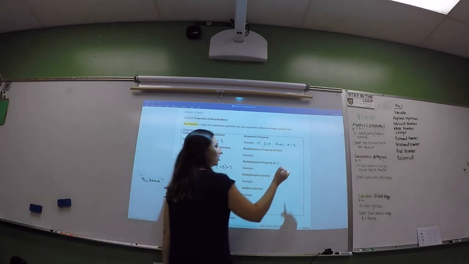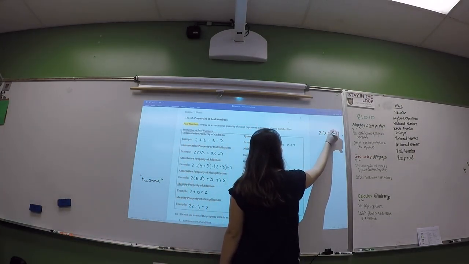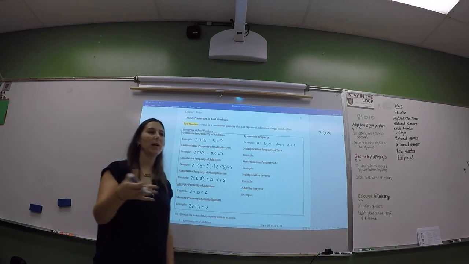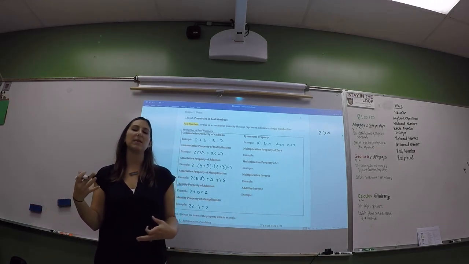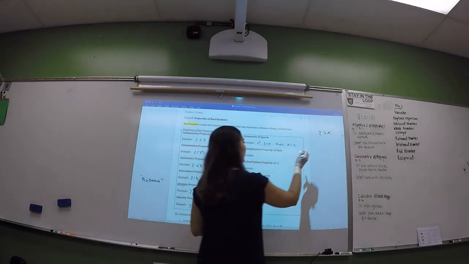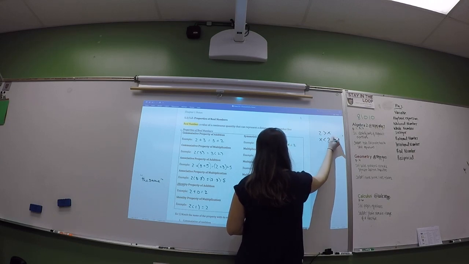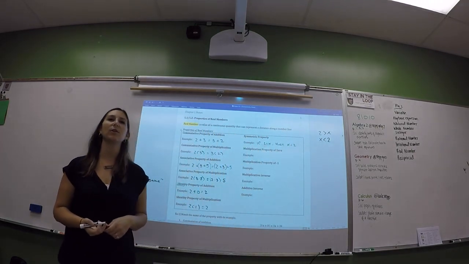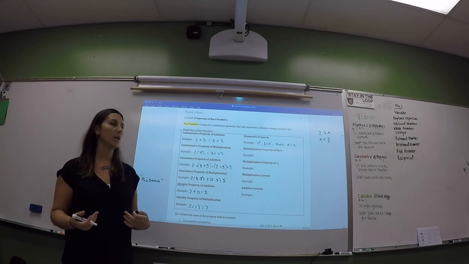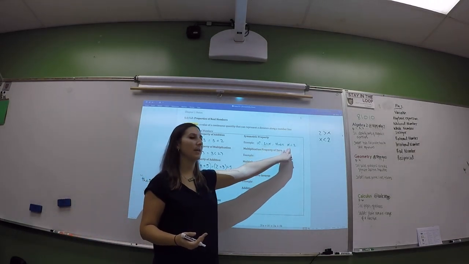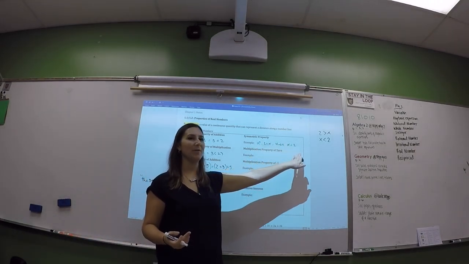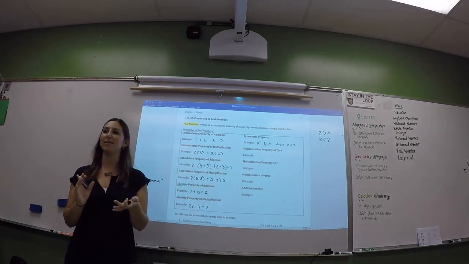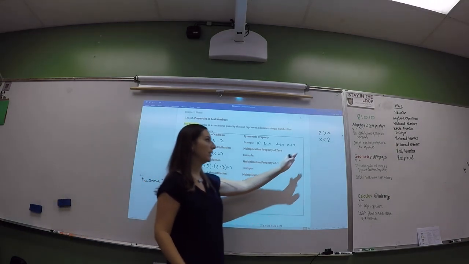It's kind of weird sometimes when we look at this, like 2 is greater than x. It makes us uncomfortable at times, so we just flip that around to x is less than 2. That's when we use it the most. This doesn't bother us anymore because we're in Algebra 2, but in Algebra 1 it bothered us, right? And we would just flip it around. We can do it with inequalities as well.